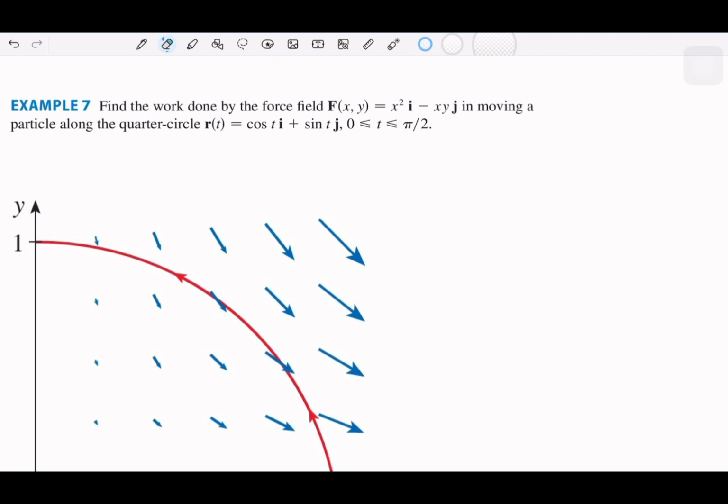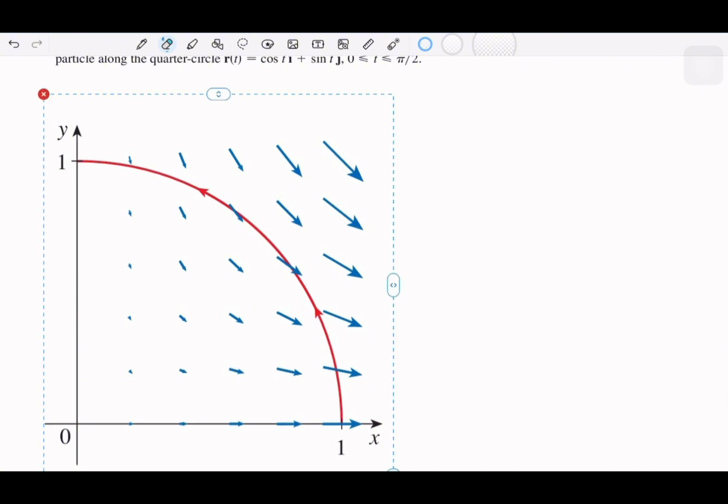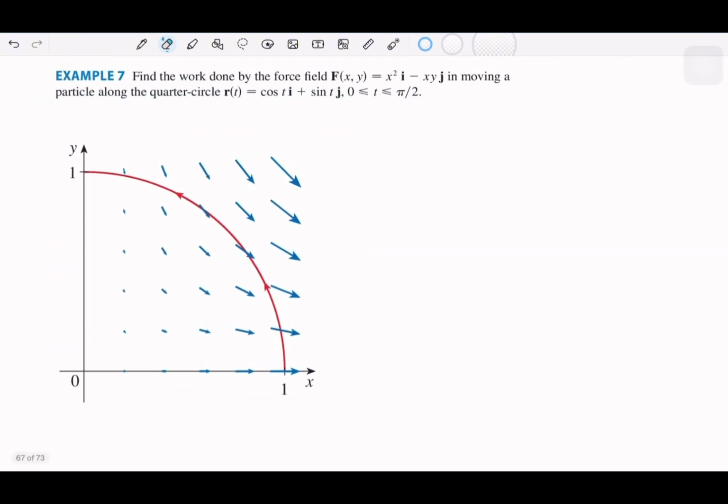So we have everything. You can just put everything into the equations, and this is the example for the picture. The blue is the vector field, and the red is our curve. We want to move along this curve and compute the work done by the vector field.